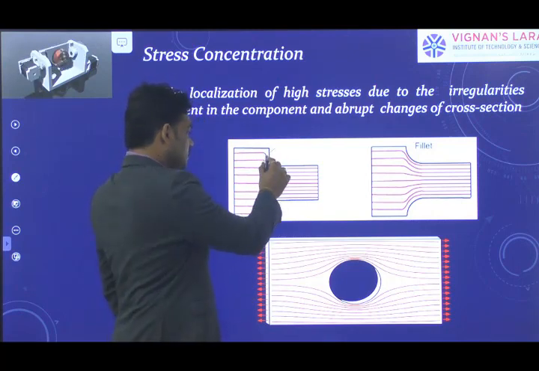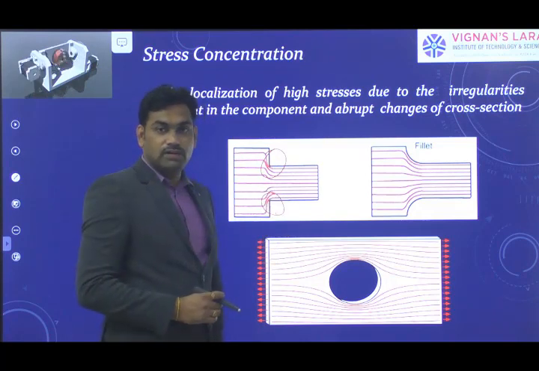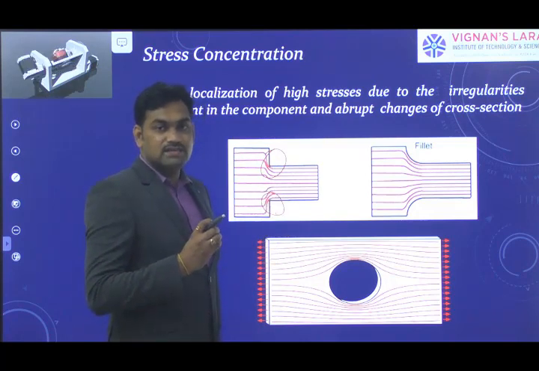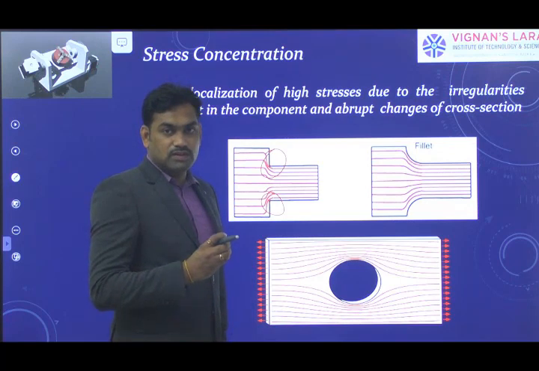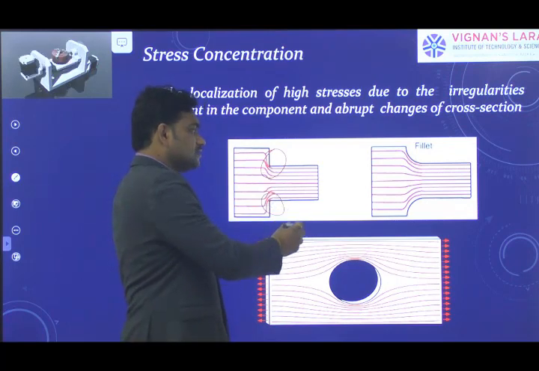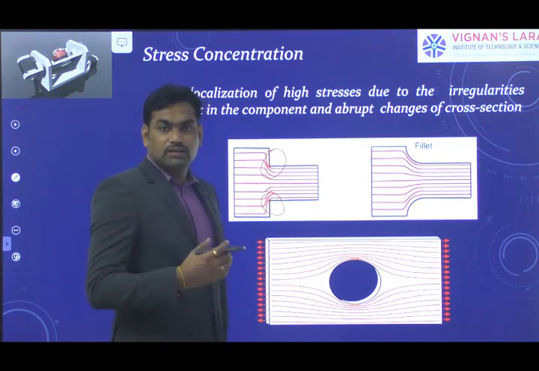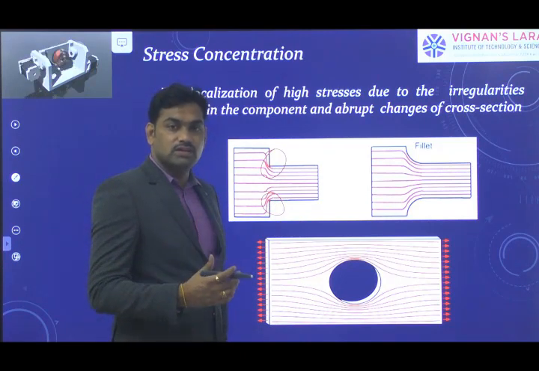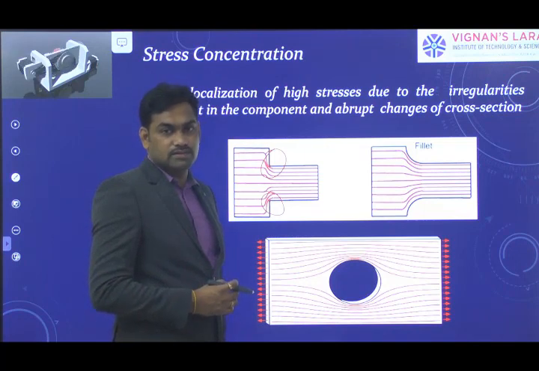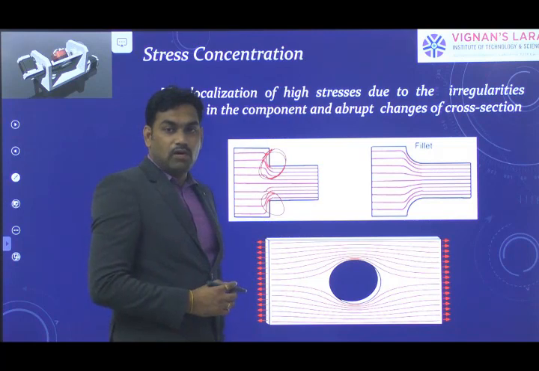This sharp bending of the lines causes stress concentration. The stress induced near these places is greater than the stress you calculate using the normal equations. That is what we call stress concentration.